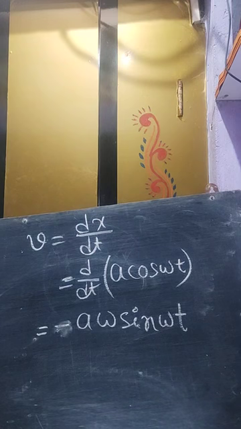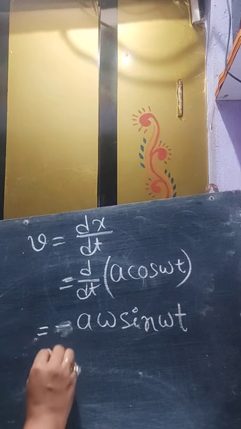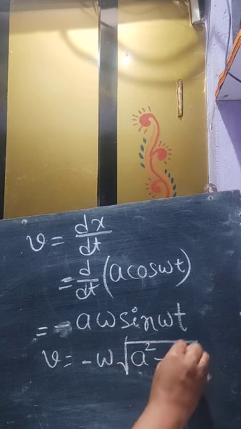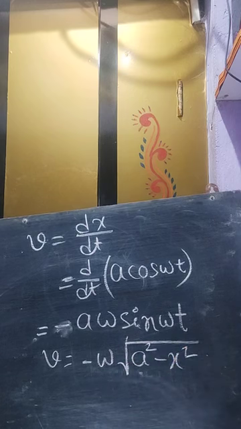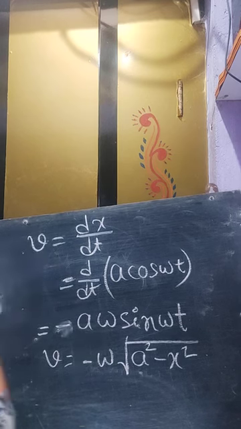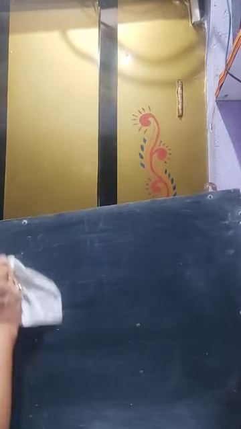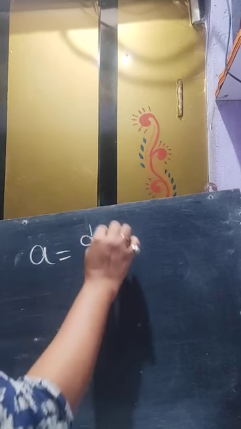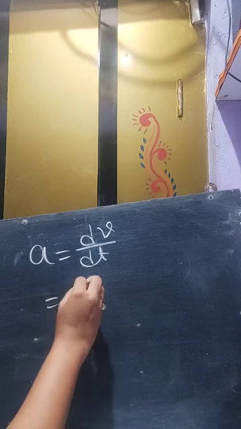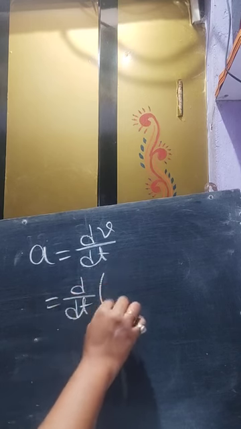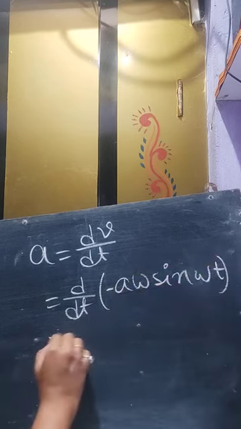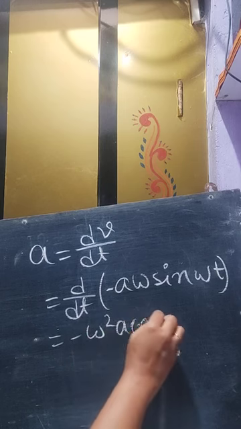Again replacing the values like the previous one, V becomes minus root over A square minus x square. And the acceleration, if I consider dv dt, will be minus omega square A cos omega t.